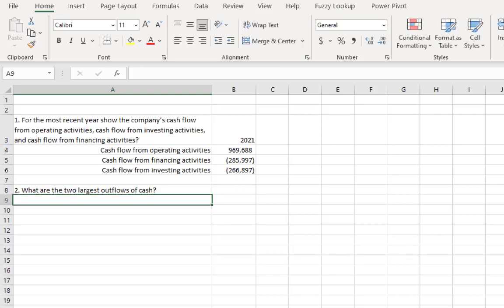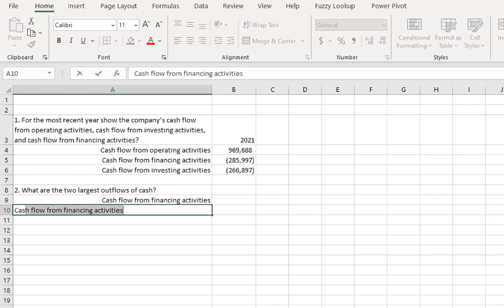Well, I have 2 outflows, and those happen to be the 2 largest. Okay, so again, I can do cash flow from financing activities and cash flow from investing activities.